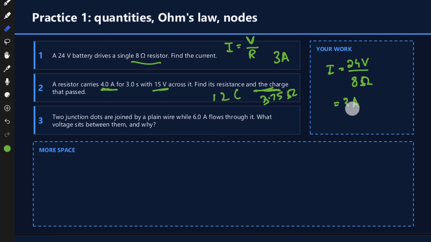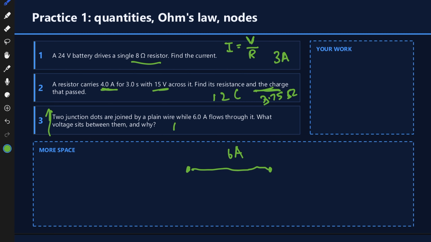Okay. All right. Now, 2 junction dots are joined by a plain wire while 6 amps flows through it. What voltage sits between them and why? So, okay, 2 junction dots, right? 6 amps flows through between those.